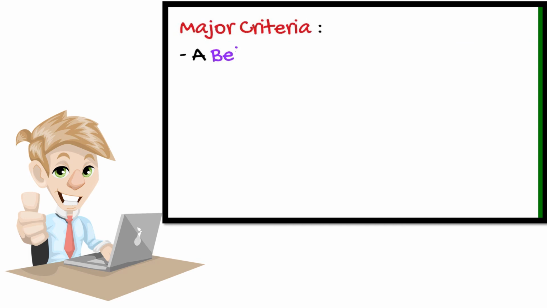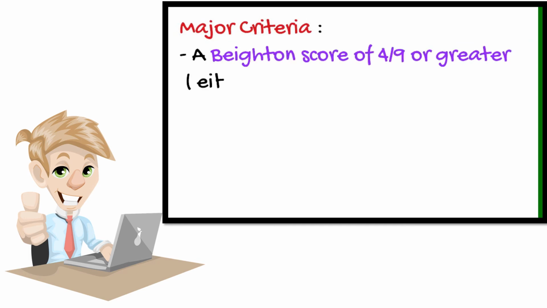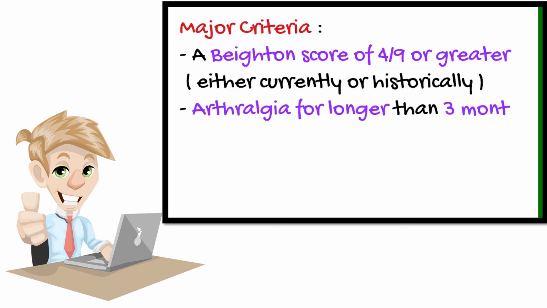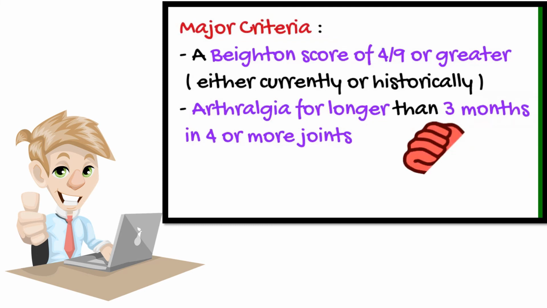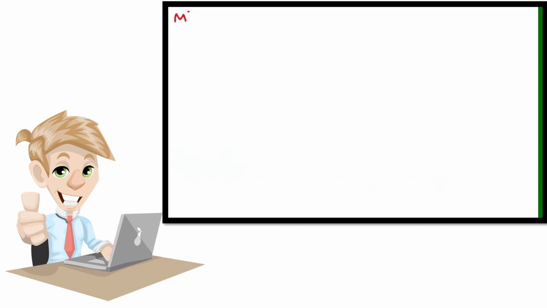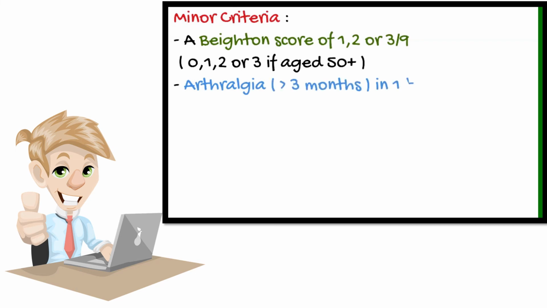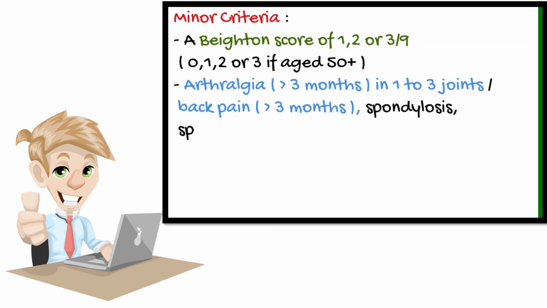For the major criteria, it involves a Beighton score of 4 out of 9 or greater either currently or historically. Another major criteria is arthralgia for longer than 3 months in 4 or more joints. So for the minor criteria, it involves a Beighton score of 1, 2, or 3 out of 9, or 0, 1, 2 or 3 if patient is age 50 and above.